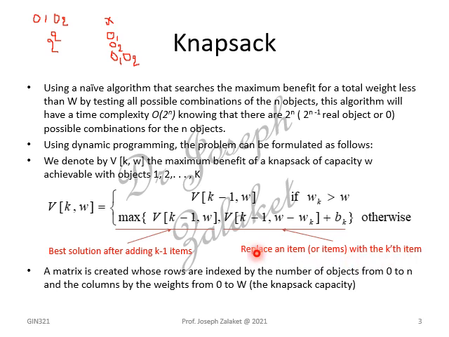So what we are doing here, first of all, if the weight of the object that has to be added is greater than the current weight of the knapsack, because we'll take different weights of the knapsack, starting from the smallest weight, which is 0, going up to the real weight of the knapsack by incrementing, so if the weight of the current object is greater than the weight of the knapsack, we will take the previous value.